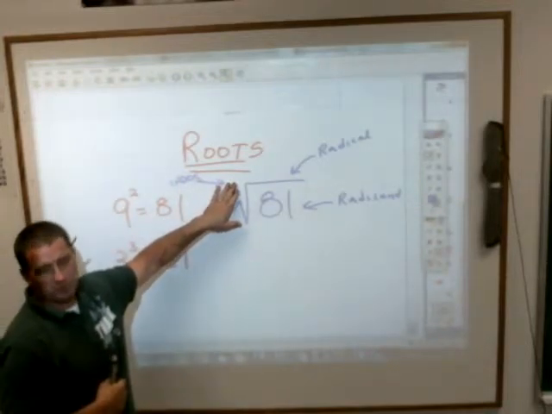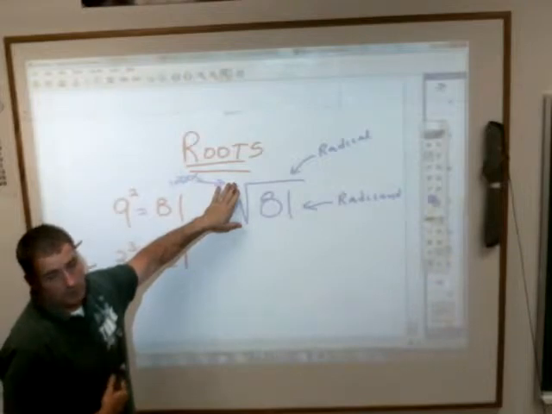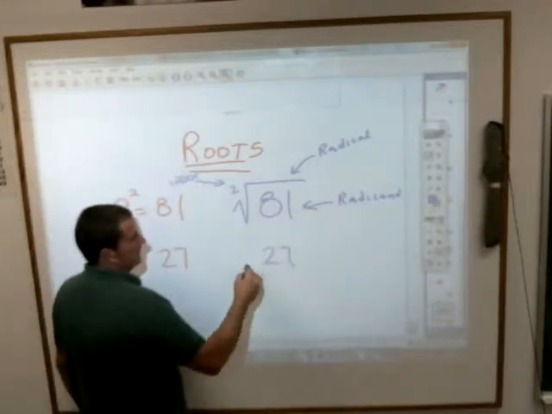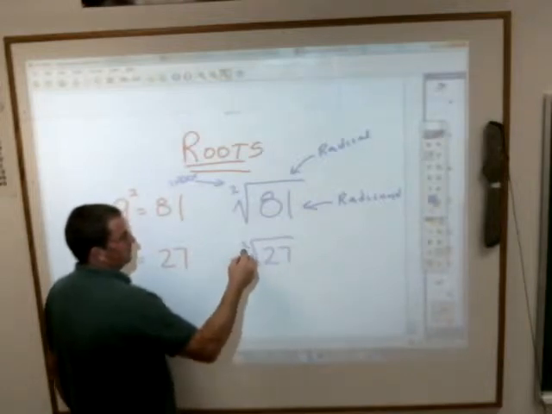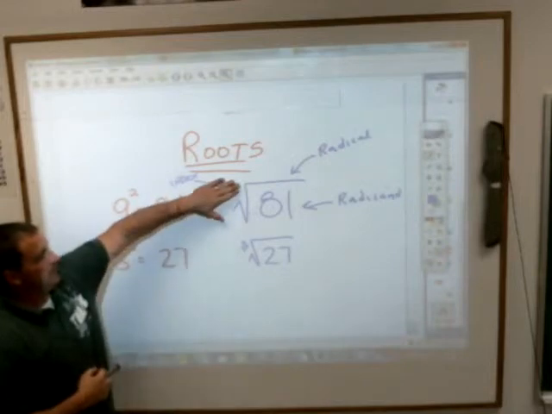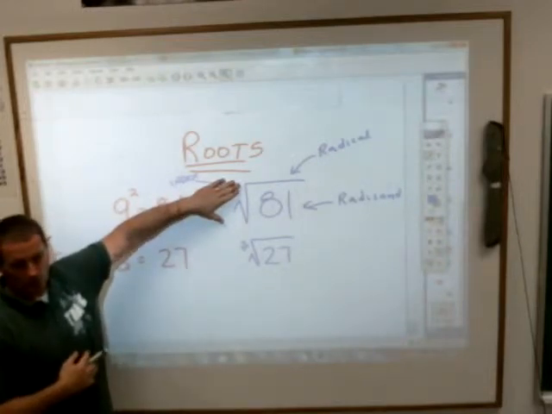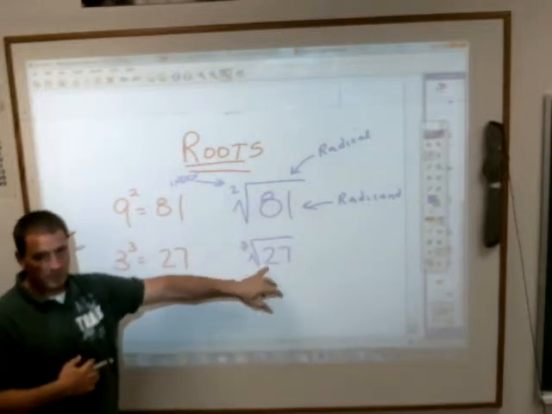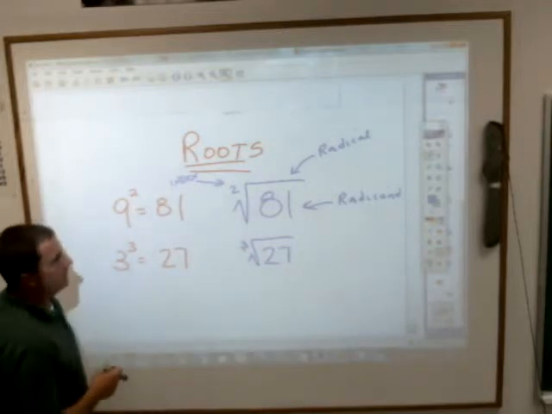If it's missing, it's automatically a 2. This one over here, I have my 27 under the radical sign, I put a 3 there, that has to be there. If it doesn't have a 2 there, it's automatically a square root. Otherwise, you need to put the third root of 27 or the fourth root of something or other.